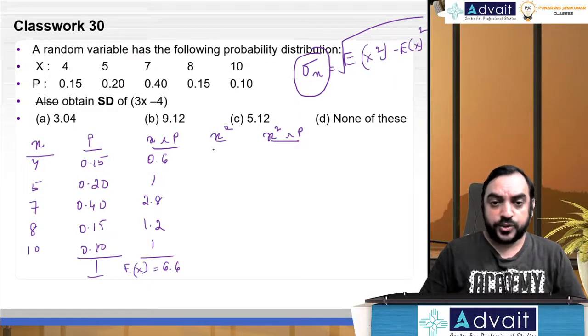X square: 4 square 16, 5 square 25, 7 square 49, 8 square 64, 10 square 100.